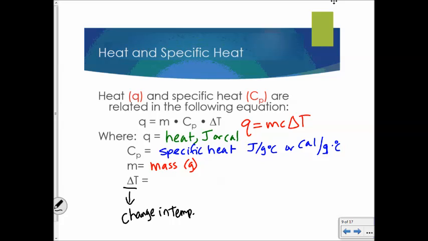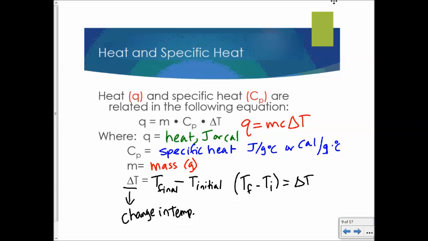So what does that mean? That means you're going to take the T final temperature minus the T initial temperature. So we really say TF minus TI. That equals delta T. So if we cool something down, our final temperature is going to be lower than our initial temperature.